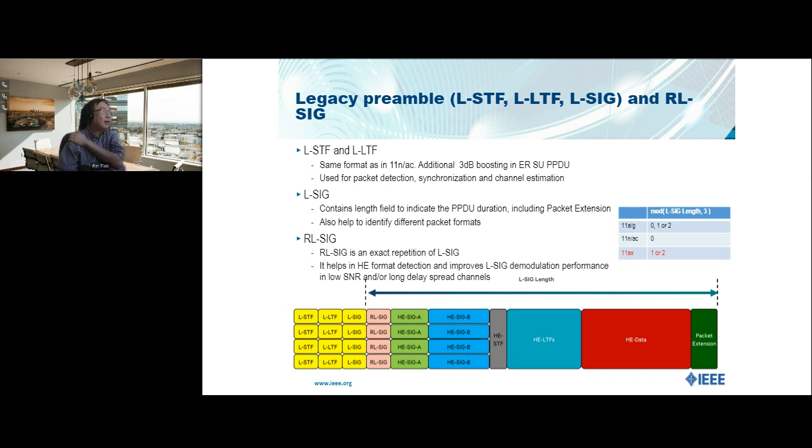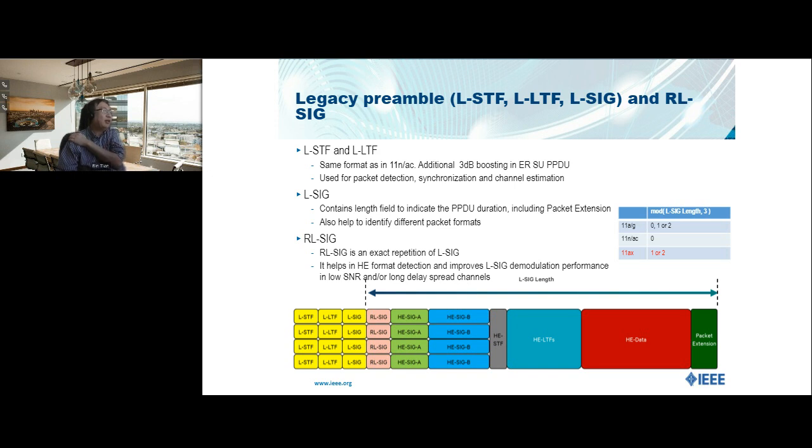And there is the L-SIG, the legacy signaling field. The legacy signal field is for the legacy packet to indicate the modulation scheme and the packet duration. When it's used for 11ax, the data rate field is fixed at 6 Mbps. The most important part of L-SIG is that it contains the length field to indicate the PPDU length.